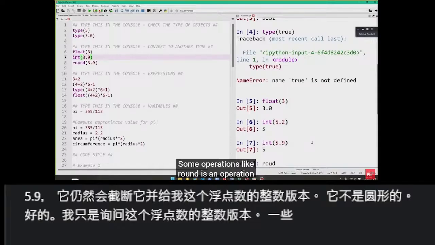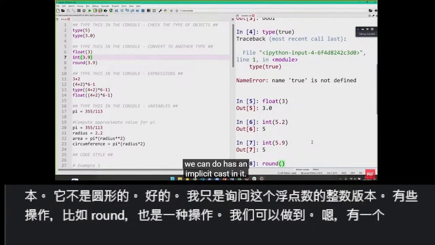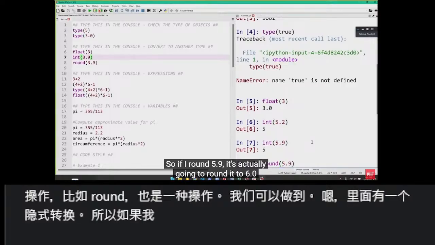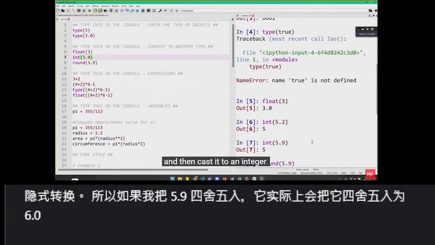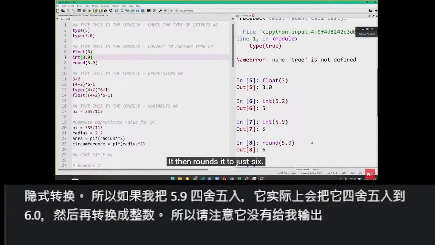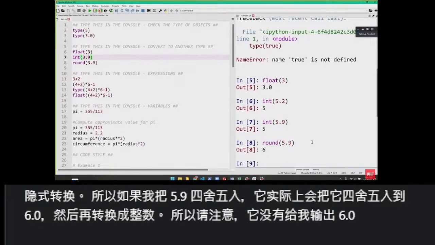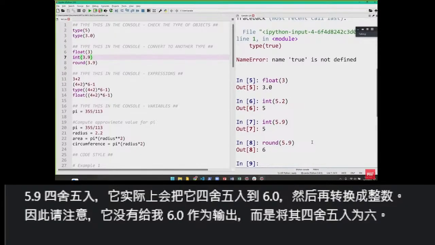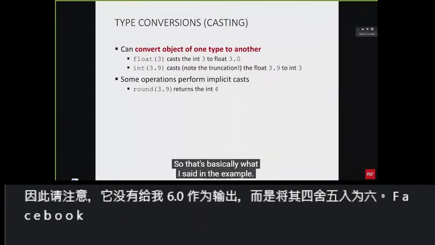Some operations, like round, have an implicit cast in them. So if I round 5.9, it's actually going to round it to 6.0 and then cast it to an integer. So notice it doesn't give me as an output 6.0. It rounds it to just 6. Okay, so that's basically what I said in the example.